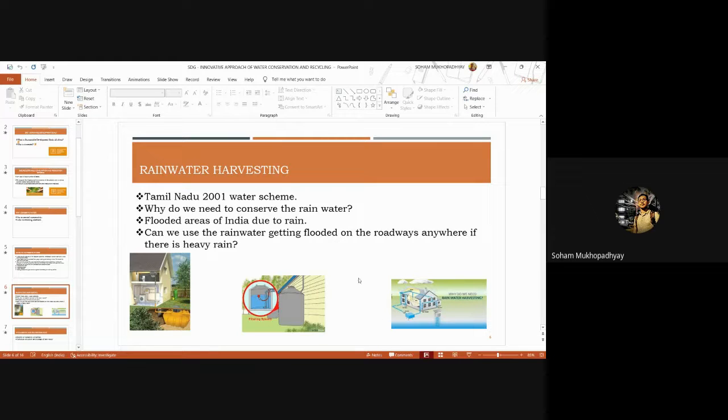The rainwater harvesting scheme, a brainchild of Tamil Nadu Chief Minister J. Jayalalitha, was launched in 2001.